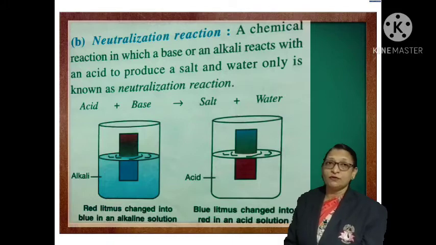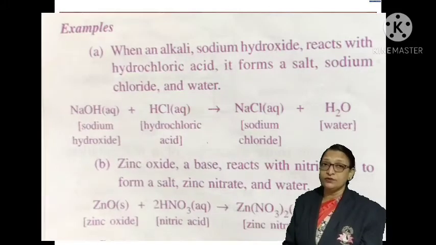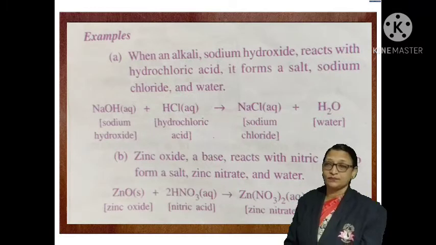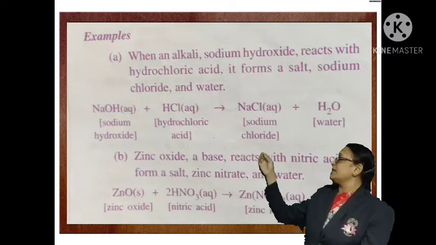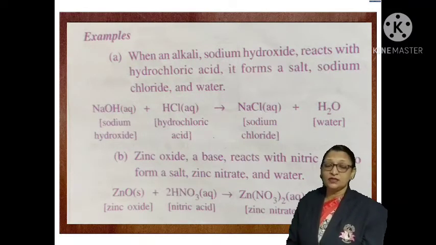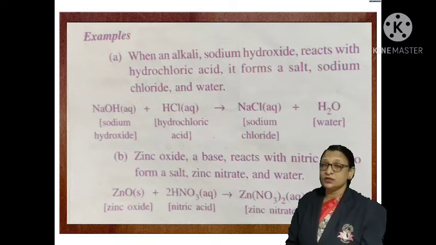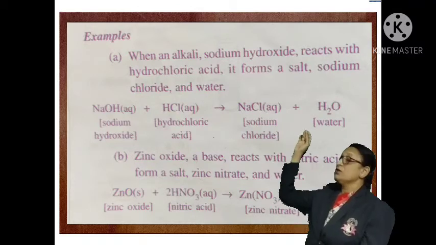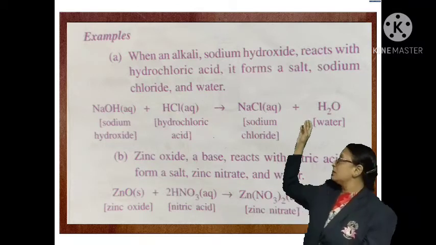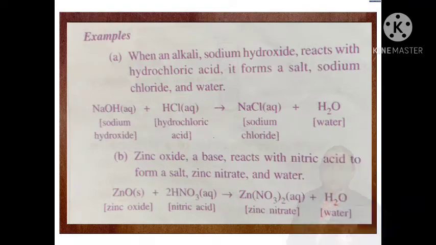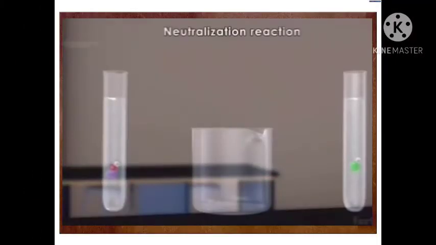Let us take a few examples of neutralization reactions. Sodium hydroxide reacts with hydrochloric acid. In the double displacement reaction, they give the salt sodium chloride in aqueous state along with water. Let us observe how it takes place.